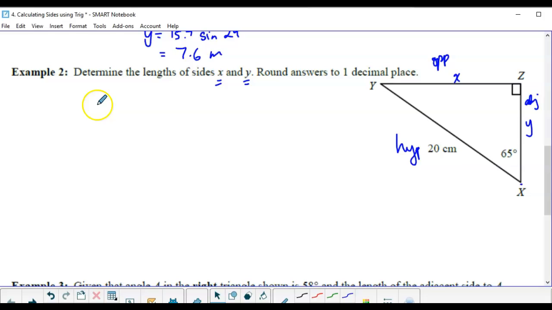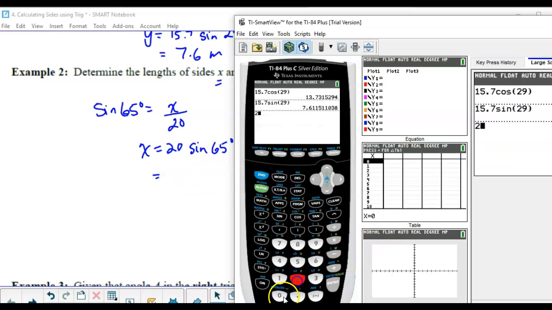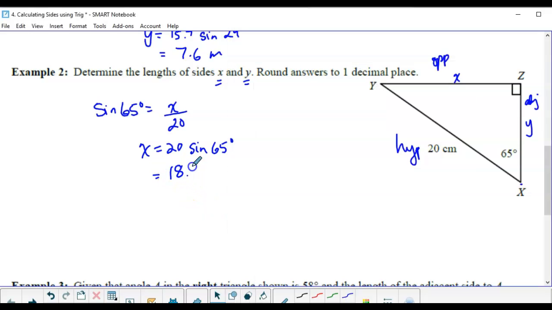So let's find x. x is opposite over hypotenuse, so sine of 65 is x over 20. So x equals 20 sine of 65. 20 sine of 65 is 18.1 centimeters.